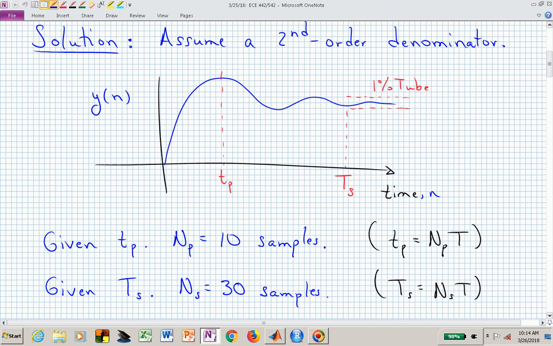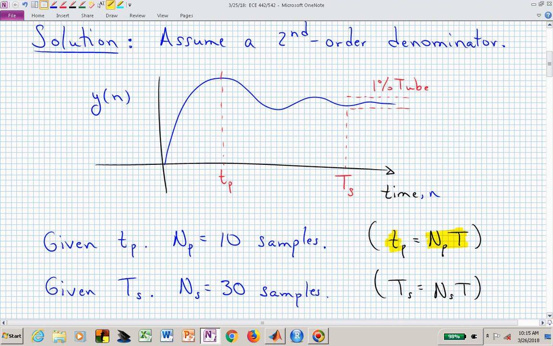We're given time to peak in number of samples, and if we needed to know that in absolute time, we would have to multiply that number of samples by the sample period capital T. But we haven't been given a capital T in this problem, so we can solve for these pole locations without an explicit value for capital T, although in just a little bit I'll give you a capital T just as an example.